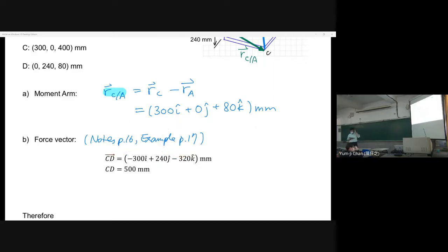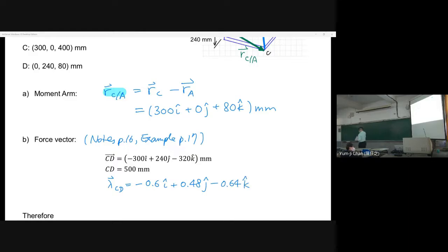Because we know the force goes through the line CD, we can write this down and first determine the unit vector in the direction of CD, which is equal to minus 0.6 i plus 0.48 j minus 0.64 k.